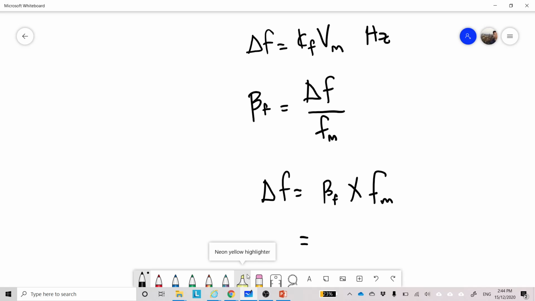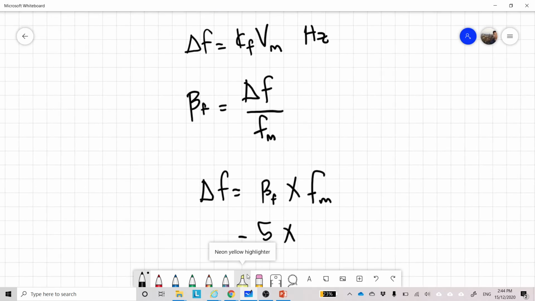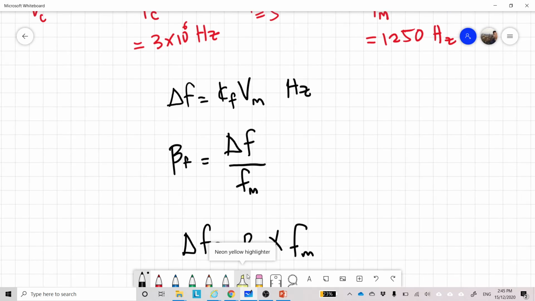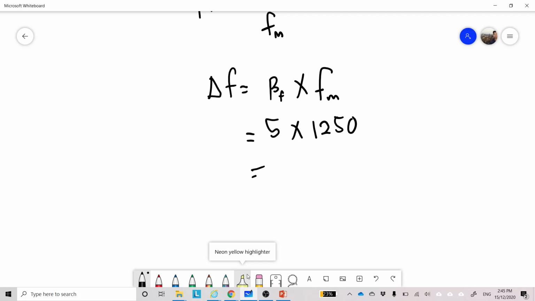So in this case, it is equal to 5 multiplied with 1250. So the answer will be, ni you kena kira, 1250 multiplied with 5, so you're going to get 6250 hertz.